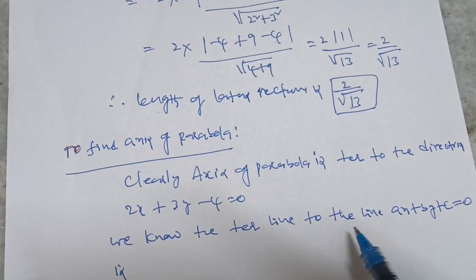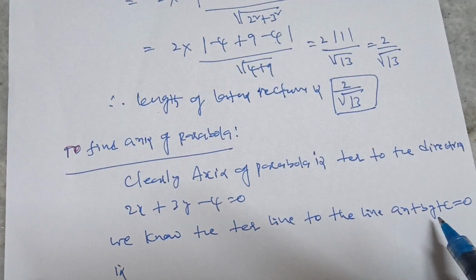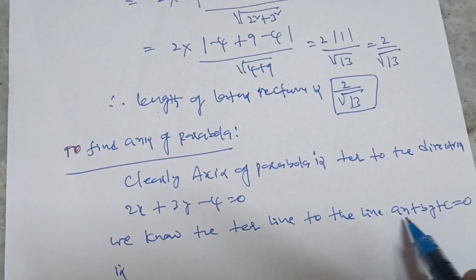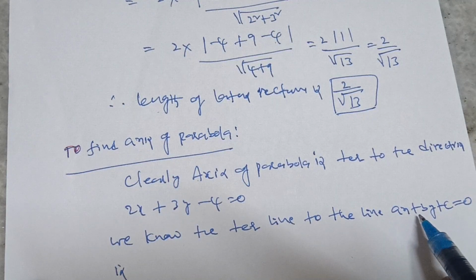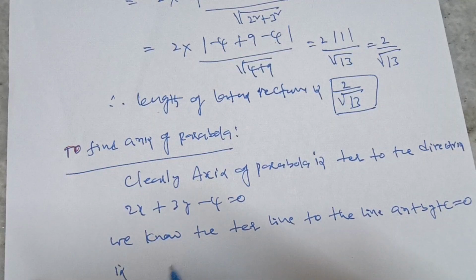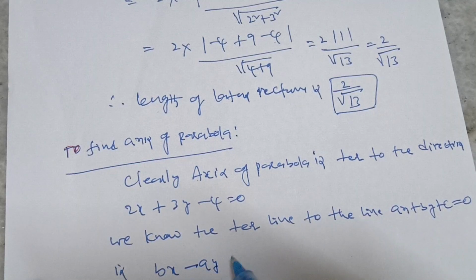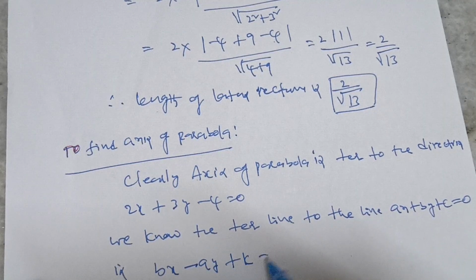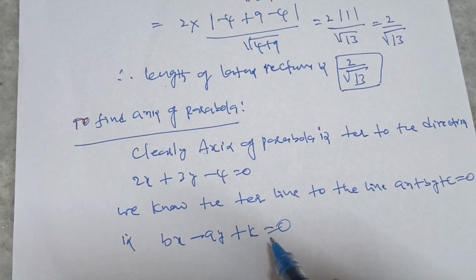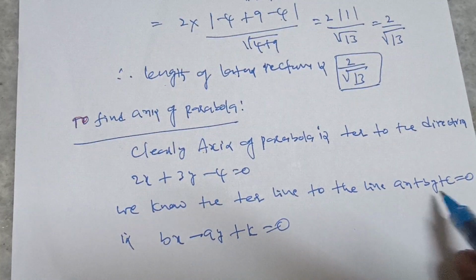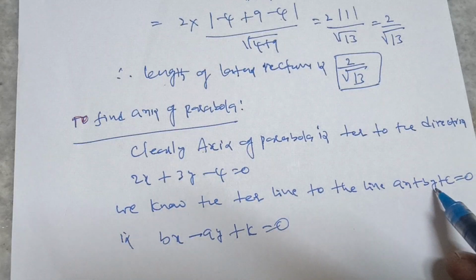What is the perpendicular line to this given line? We have the formula: change the coefficients of x and y and put the opposite sign. So bx minus ay plus k equals 0. This is the line which is perpendicular to the given line.